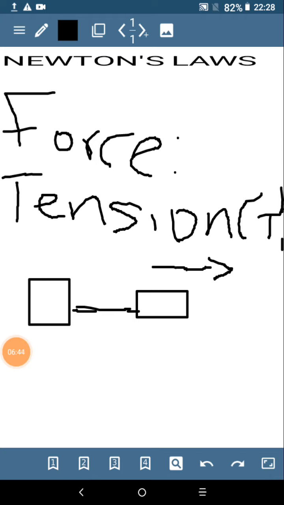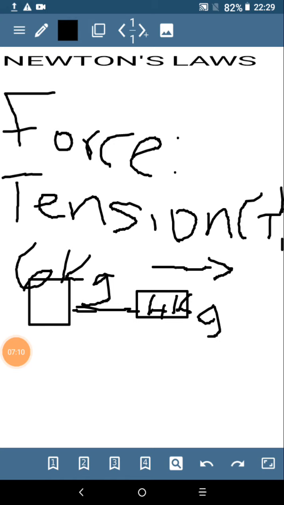So let's say these boxes are moving to the right, are moved by a certain force which we are not particularly interested in now. So what will happen is that the small box, or let me say it's 4 kg, and this one is 6 kg.